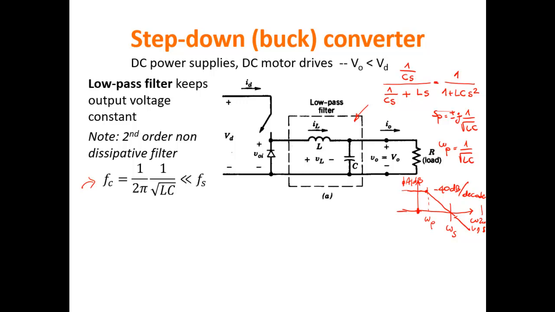But the most important thing is that the power that is dissipated increases the temperature of the converter. Of course, the power that is dissipated is transformed into heat, and therefore it's increasing the temperature.